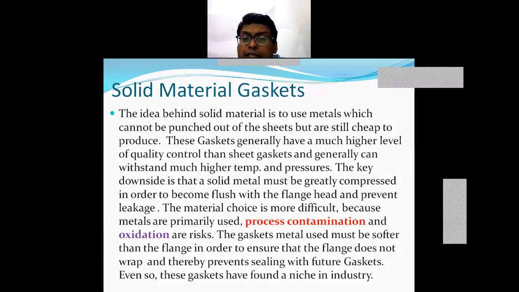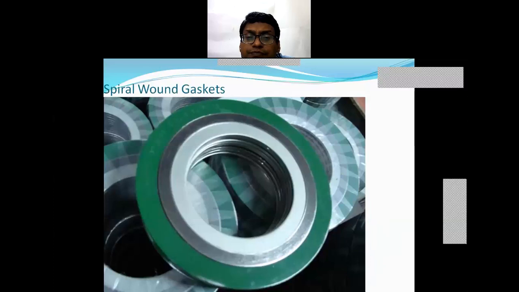The gasket metal used must be softer than the flange in order to ensure that the flange does not warp or crack and thereby prevent sealing with future gaskets. Even so, these gaskets have found a niche in the industry. So these are the spiral wound gaskets.